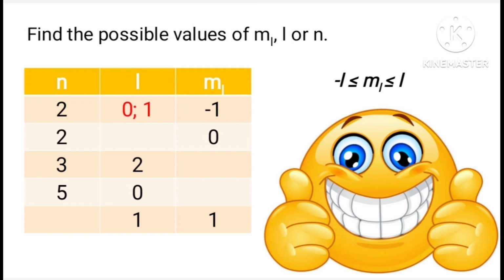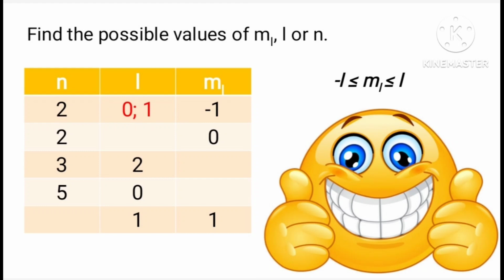We said that L value can vary from 0 to n minus 1. So it can be 0 or it can be 1, because 2 minus 1 is 1. Let's have a look at ML value.